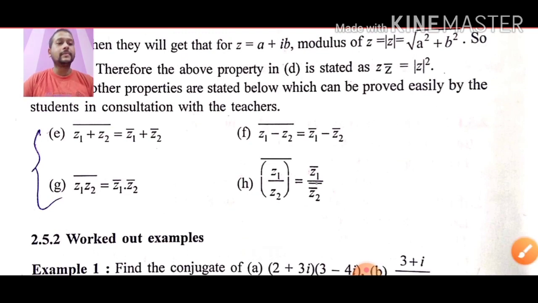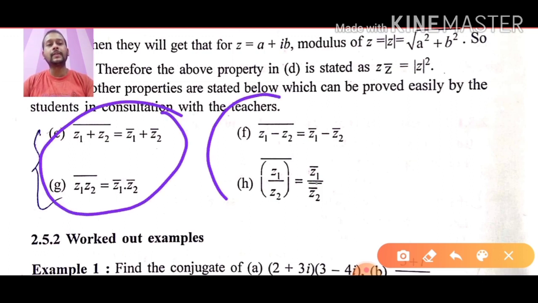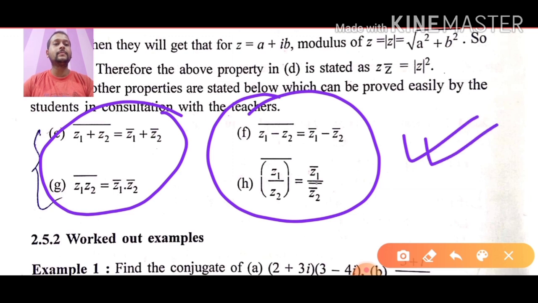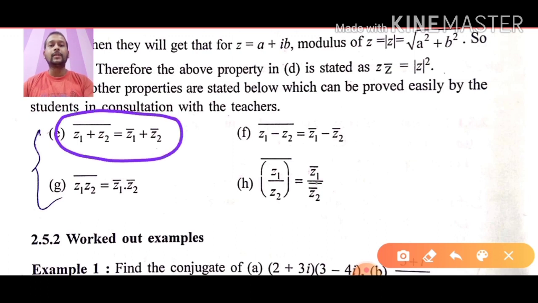You might be given some complex numbers and asked to prove things about them. It is given in the exercise, we'll do it. I'll just tell you what the first one is.